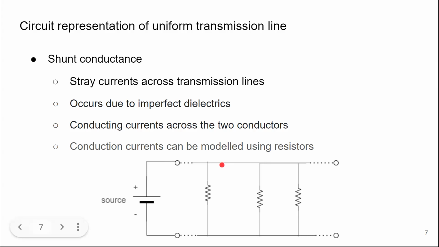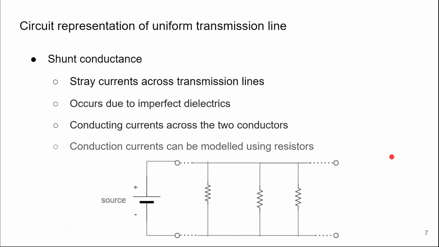Once we take the top conductor, it could be of a different width compared to the width of the bottom conductor. So the top conductor could have a lesser width than the bottom conductor. However, the top conductor's width will be uniform throughout the transmission line, and the bottom conductor's width will be uniform throughout the transmission line. So we are considering such a transmission line, and the dielectric thickness will be constant throughout the transmission line.